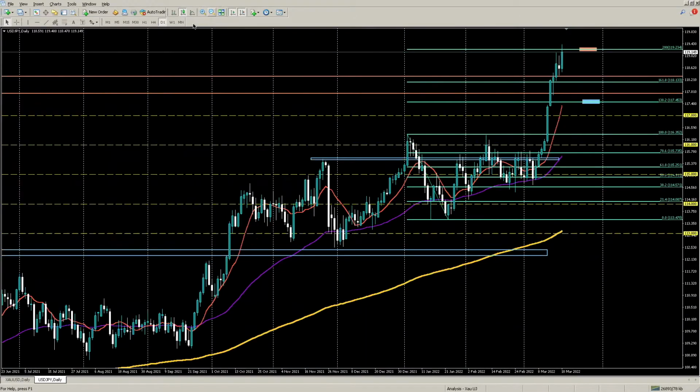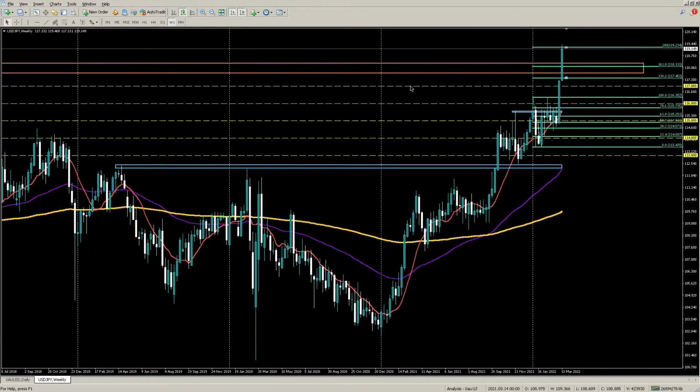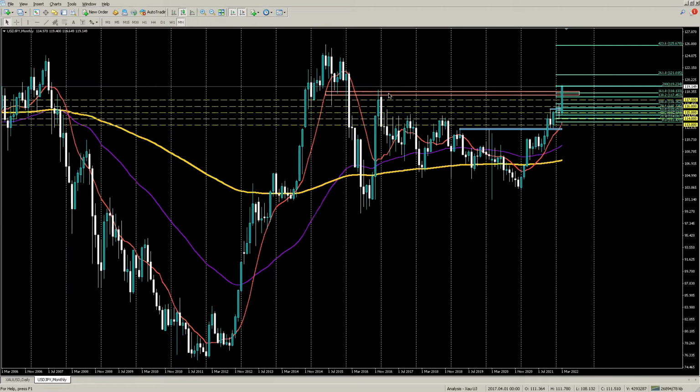Now, if we go back, we can see that there is a resistance zone that it broke through. That was the previous swing low and resistance, and it has closed well past that, around the 162 FIB, so it closed at the 200 FIB extension, and looks like it's trying to target the next round figure.